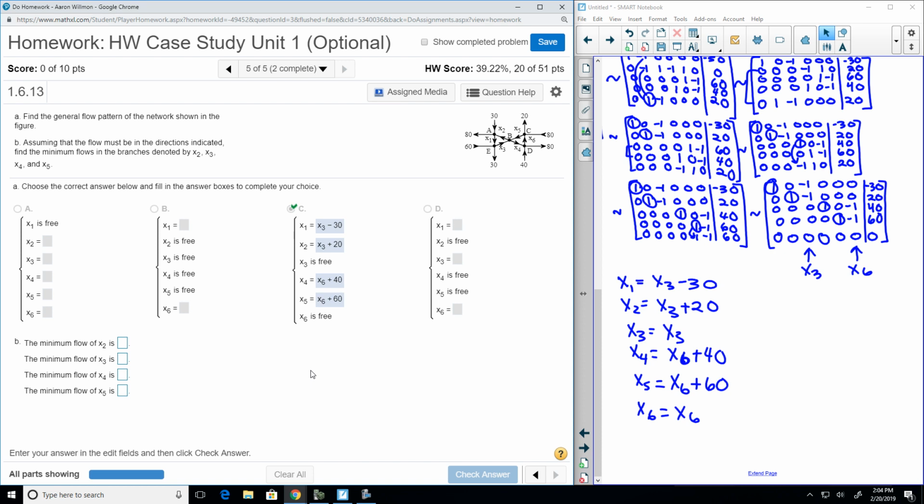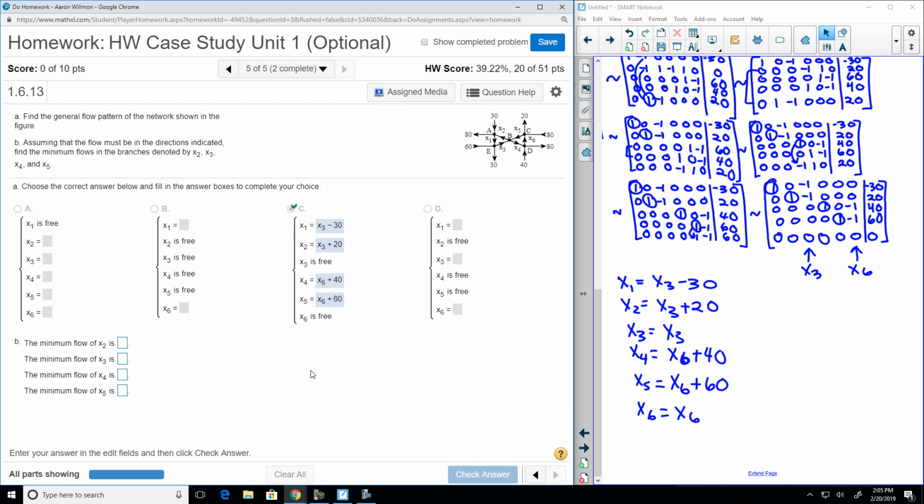So it wants to know the minimum flow. X6 can be 0, and that would mean the minimum flow for X4 and X5 are 40 and 60.